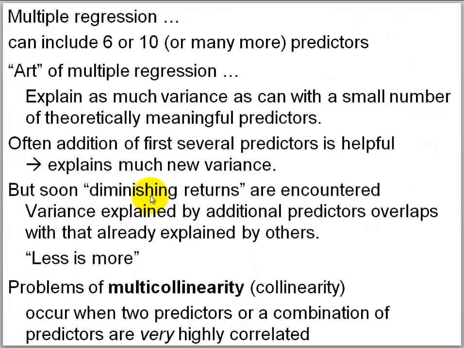So we were looking at Venn diagrams with two predictors in our multiple regression equations, but multiple regression can include 6 or 10 or even many more predictors than this, and somehow the art of multiple regression is perhaps to explain as much variance as you can with a small number of theoretically meaningful predictors.